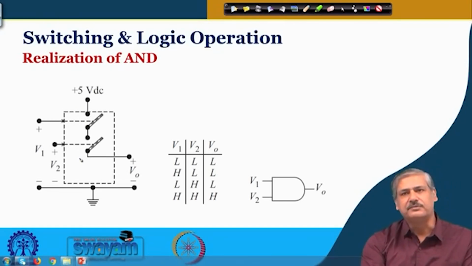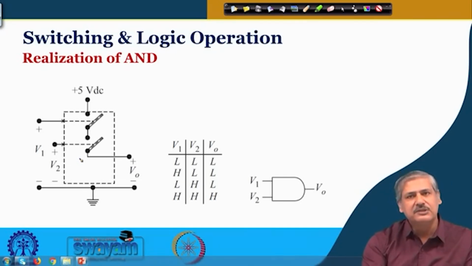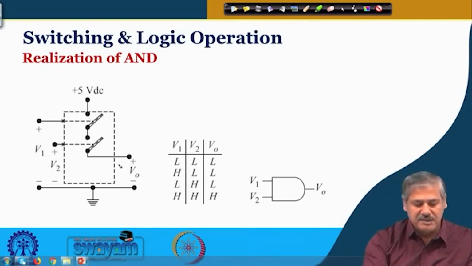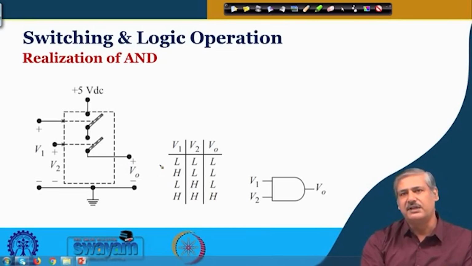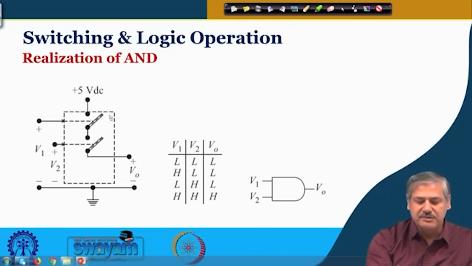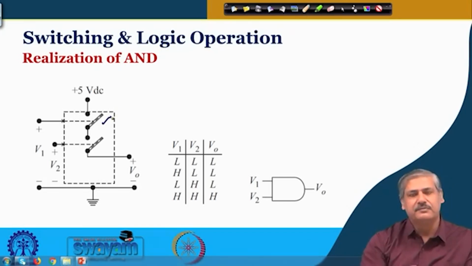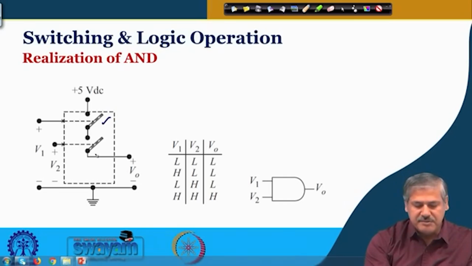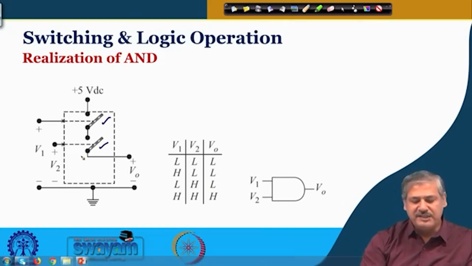Similarly for V2. Okay. Now, let us see how this particular circuit, its input side and output side, will be related. So, when V1 is low, that means this switch over here is open, right, and V2 is also low, that means this is also open. At that time, what will be the value of the output?